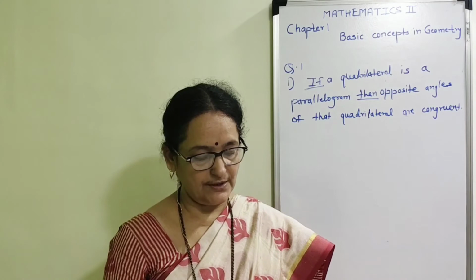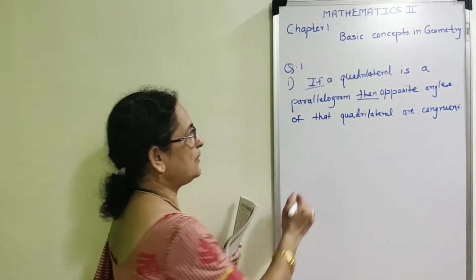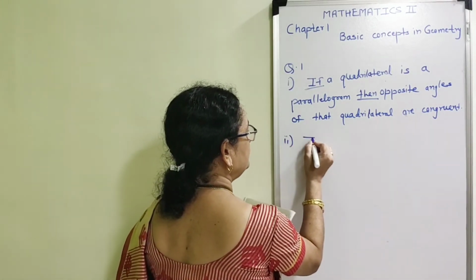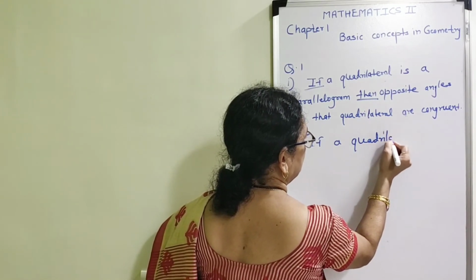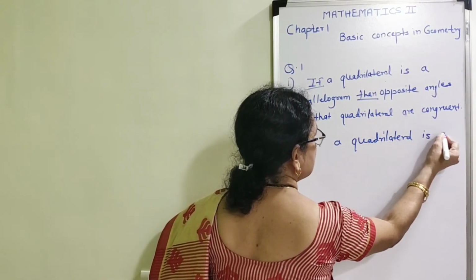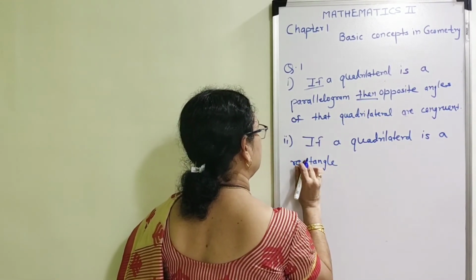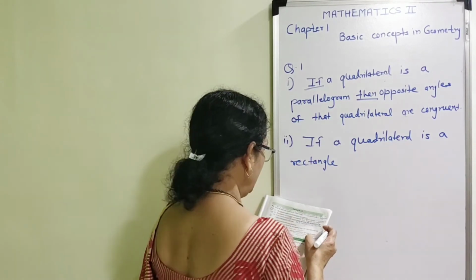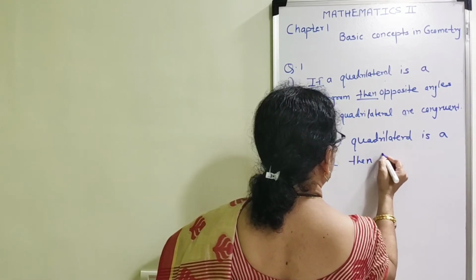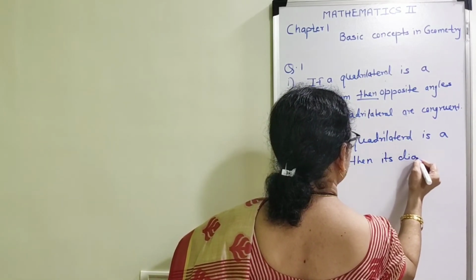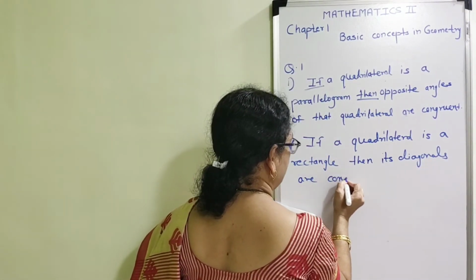Now the second statement is, the diagonals of a rectangle are congruent. Similarly, if a quadrilateral is a rectangle, then its diagonals are congruent.